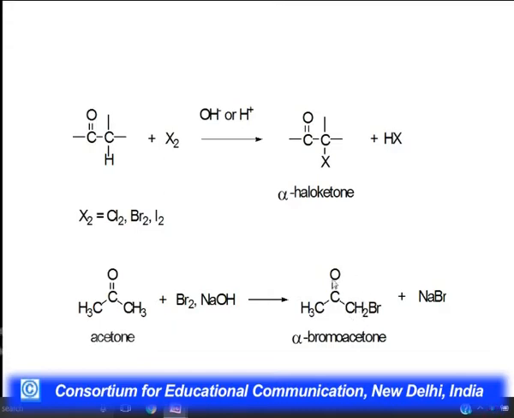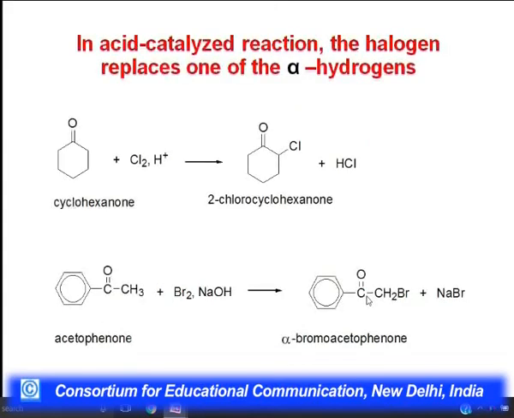But please remember, here we've just shown one bromination, whereas we know that in basic medium, if we take bromine in excess, then all the three alpha hydrogens of the acetone will be replaced with the bromine atom. So why does it happen that in acid catalyzed reaction, the halogen replaces only one of the alpha hydrogens?